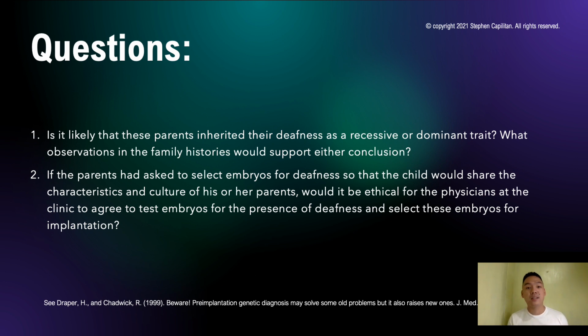Second question: if the parents had asked to select embryos for deafness so that the child would share the characteristics and culture of his or her parents, would it be ethical for the physicians at the clinic to agree to test embryos for the presence of deafness and select these embryos for implantation?